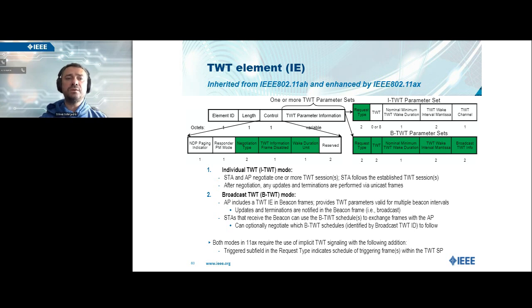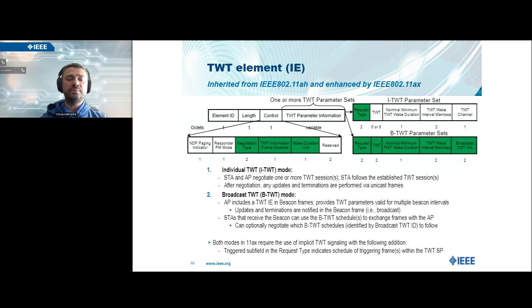As mentioned, you can still negotiate broadcast TWT schedules with the access point, and this is done in general to tell the access point that among all the schedules that you have, I'm going to follow a subset of them, or, for example, the schedule that I'm wishing to join is not there, so please add it.